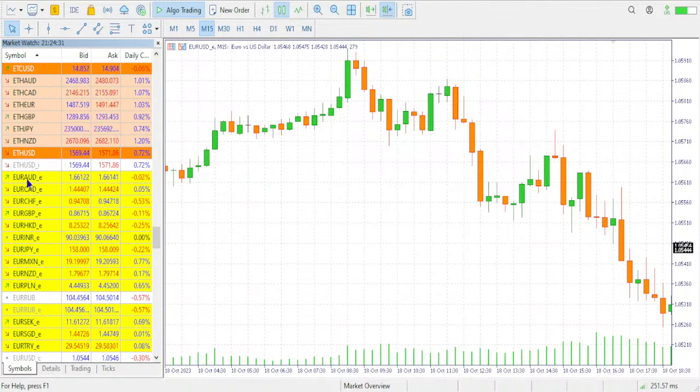Then we have Euro versus Australian dollar, Euro versus Canadian dollar, Euro versus Swiss franc, Euro versus pound, then Euro versus Hong Kong dollar, and Euro versus Indian rupee, and so on. So what correlation simply means is when the market suddenly does the same thing across several pairs with the same base currency or the same quote currency.